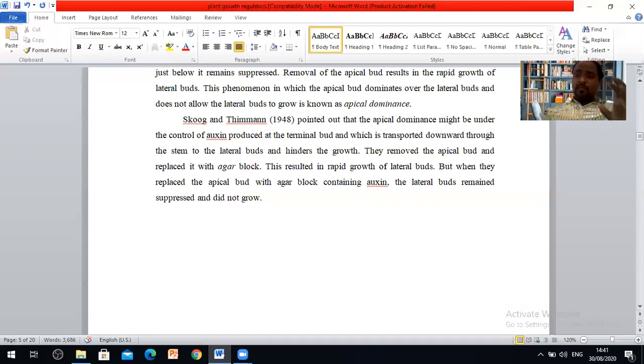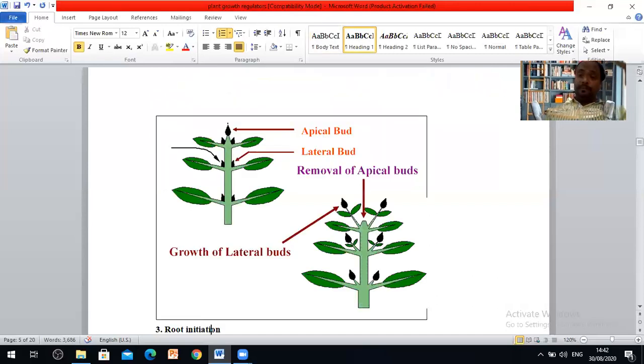Hence, it proved that apical dominance is because of the auxins at the apical site, where the apical bud grows faster and suppresses the growth of the lateral bud.